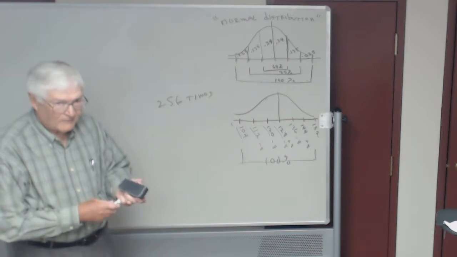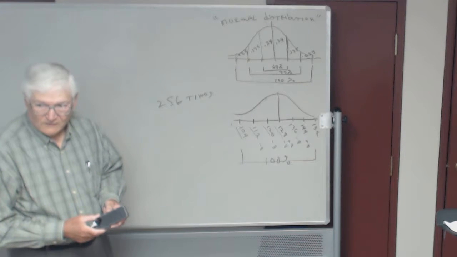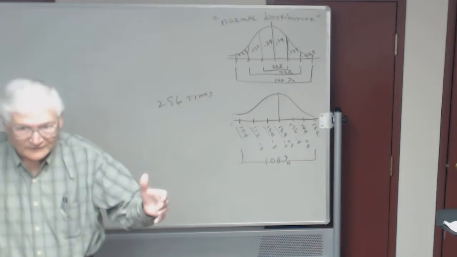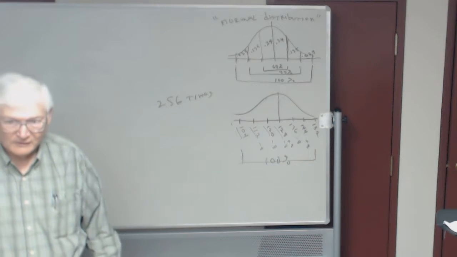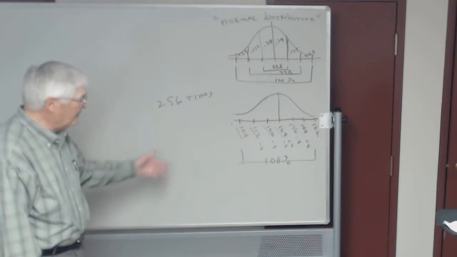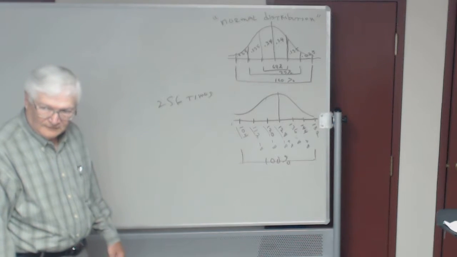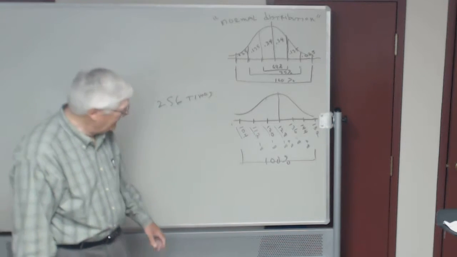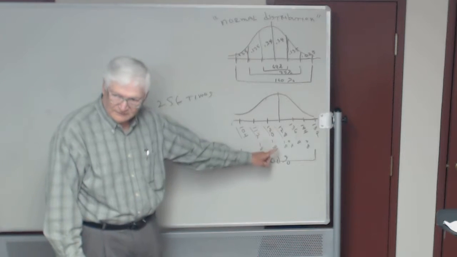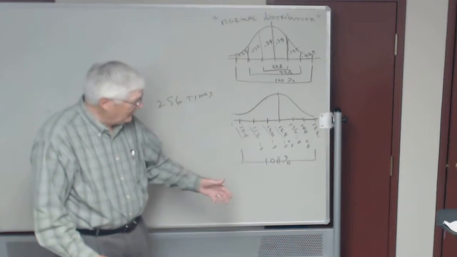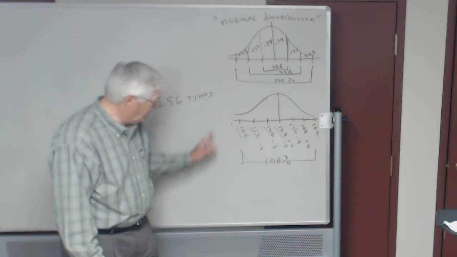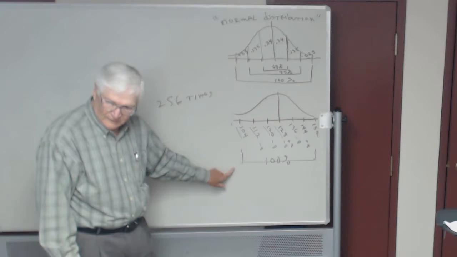Say I'm going to take 256 coins and drop them on the floor, and count the number of heads. If it happens to fall perfectly, there'll be 128 heads. But there could be as many as 152 or as few as 104. Everybody follow that?